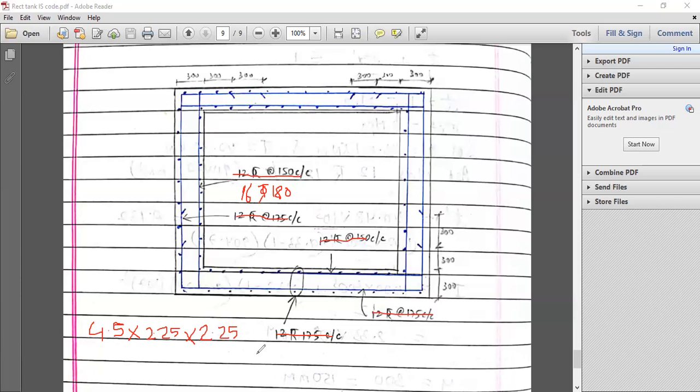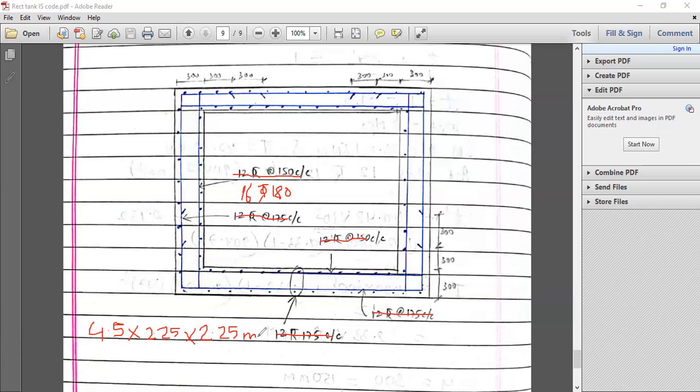Okay, so these are the dimensions of the water tank. ये क्या है? Length, breadth and height. It has its walls rigidly jointed at the vertical edges.